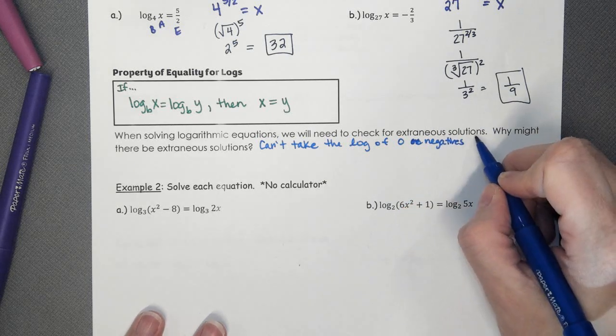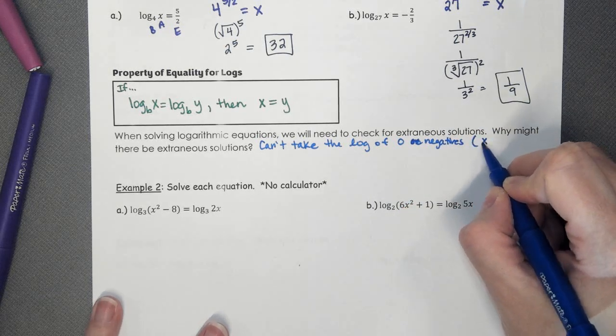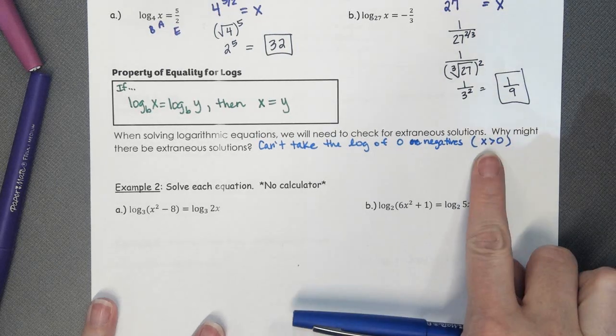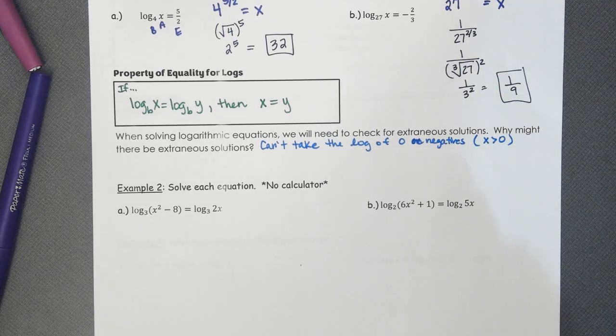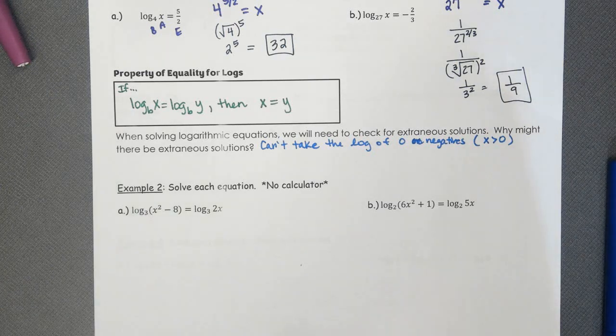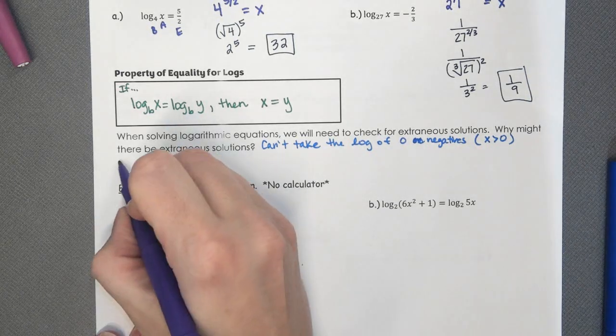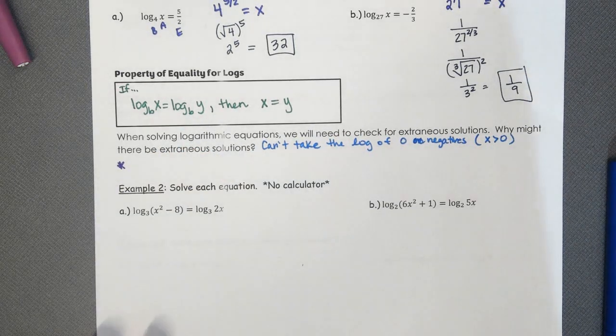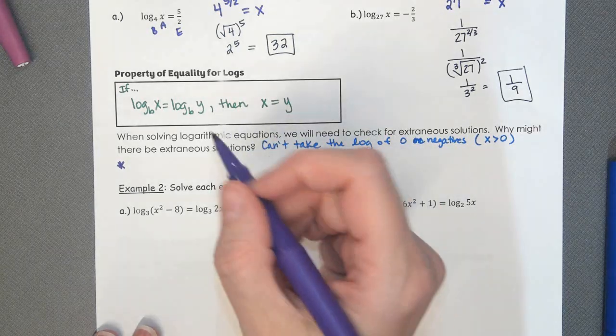Which is why yesterday we wrote out a bunch of times x had to be greater than 0. That was your domain. That's what it means. You can't take the log of 0 or negatives.